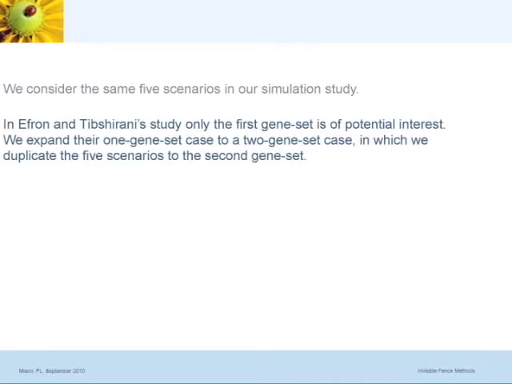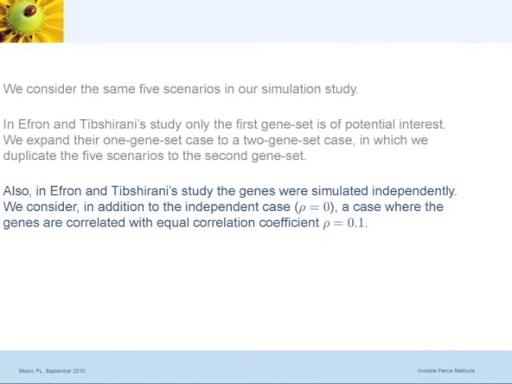In Efron and Tibshirani's study, only the first gene set is of potential interest, because they only considered one situation where there's a single gene set that is differentially expressed. Now we expand their 1 gene set case to a 2 gene set case in which we duplicate the 5 scenarios to the second gene set. Also, in Efron and Tibshirani's study, the genes were simulated independently.